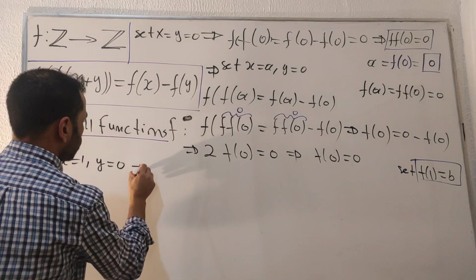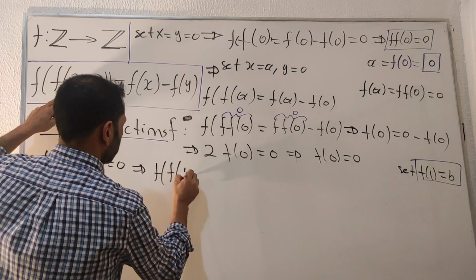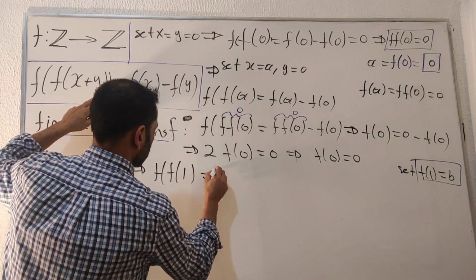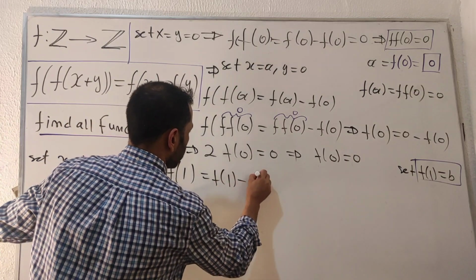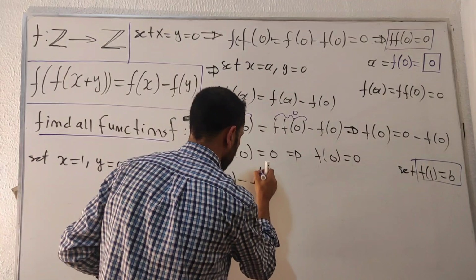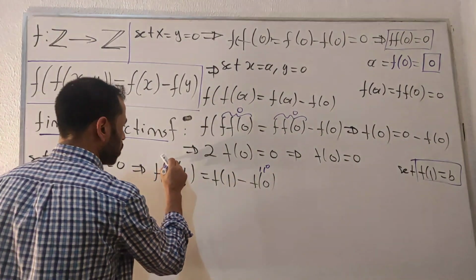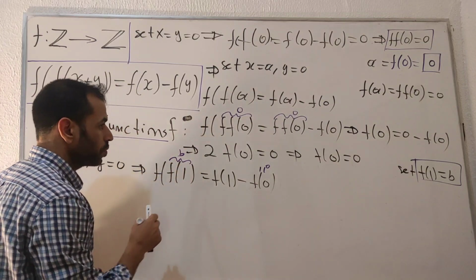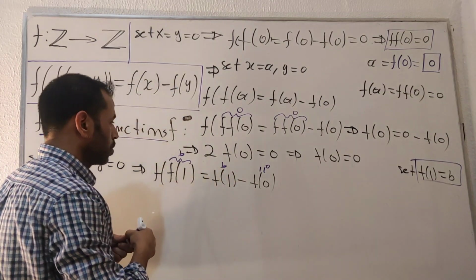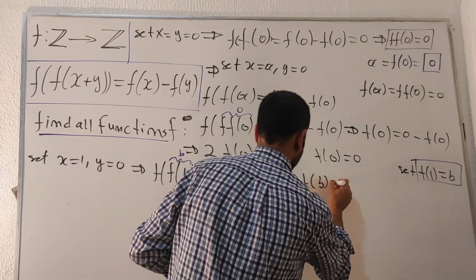So I will have the following expression. I get f of 1 equals f of 1 minus f of 0. We already know f of 0 equals 0. Also we know f of 1 equals b. So we get here f of b equals b.